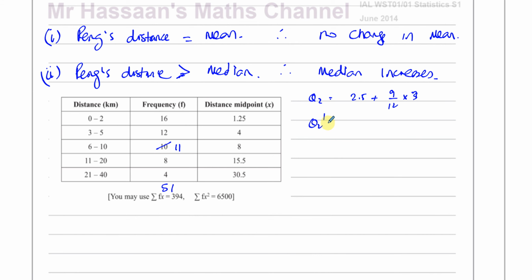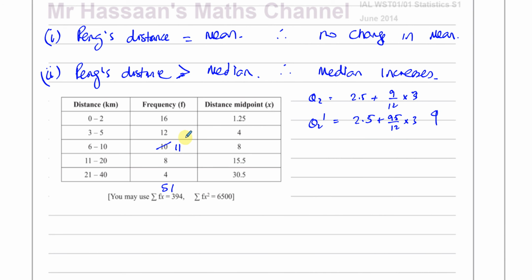Now the new median would still be in the same group, because 51 divided by 2 gives us 25.5, so it will be 2.5 plus, but now it's going to be 25.5 instead of 25, so you're going to go from 16 to 25.5, so this will become 9.5 over 12 times 3. So now we have a bigger portion of the 3 that we have to add to 2.5, so you can see it's going to increase. Okay, I mean, you don't have to show this with steps at all.